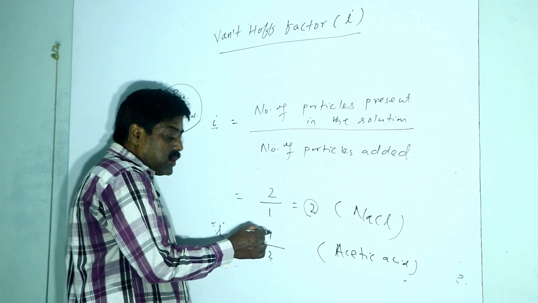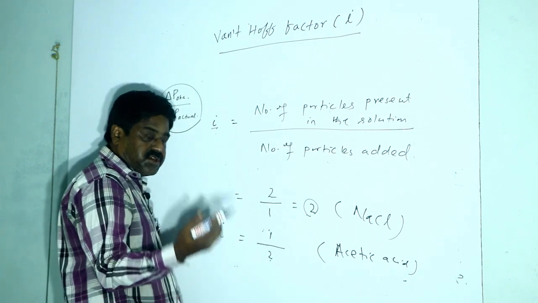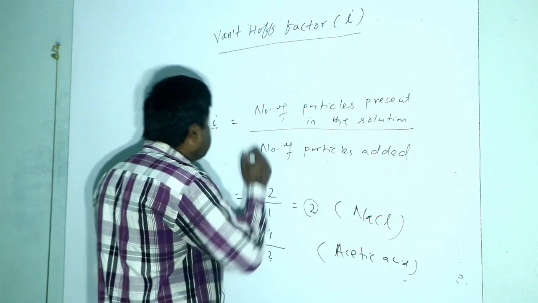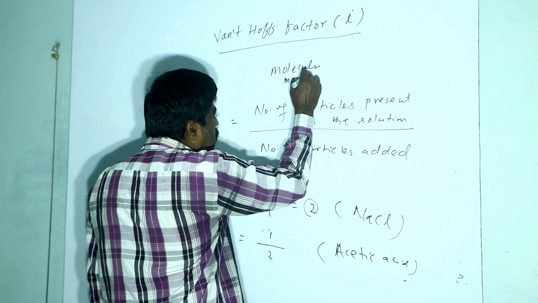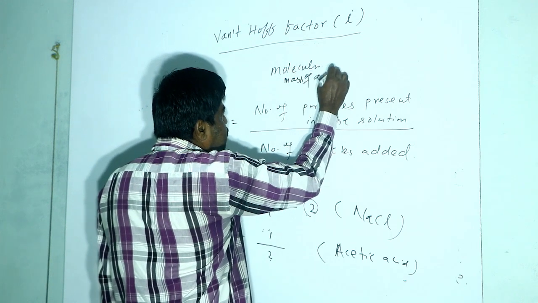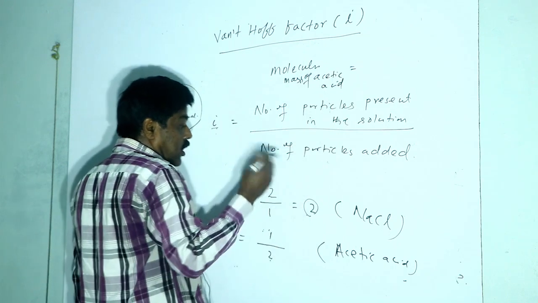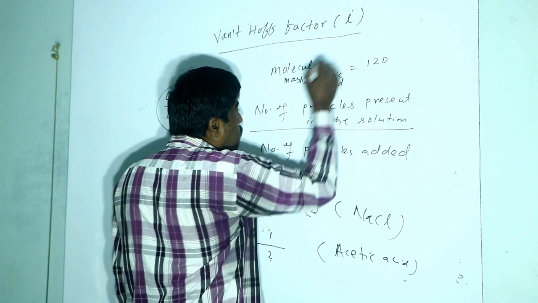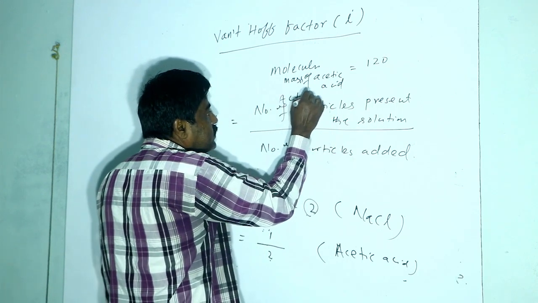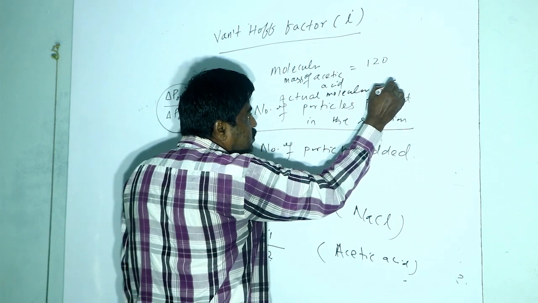Let's say the actual molecular mass of acetic acid is 60. The observed molecular mass, experimentally, will be 120. But the actual molecular mass of acetic acid is 60.